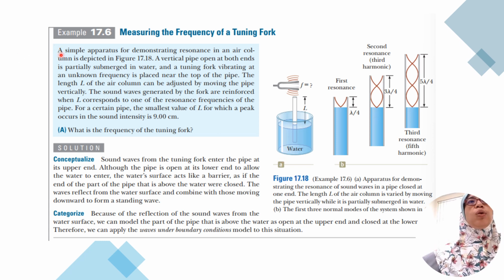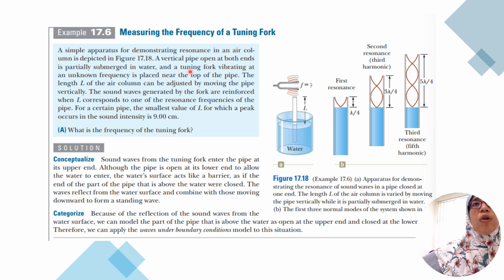Alright, so what is the story? Dia kata a simple apparatus demonstrating resonance in air column depicted as in figure. A vertical pipe open both ends is partially submerged in water to produce one end close end.